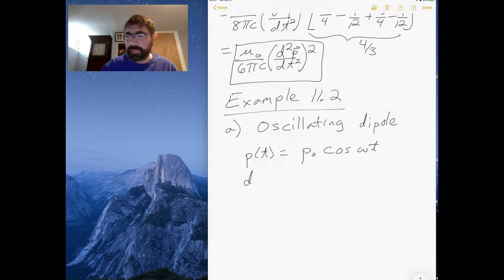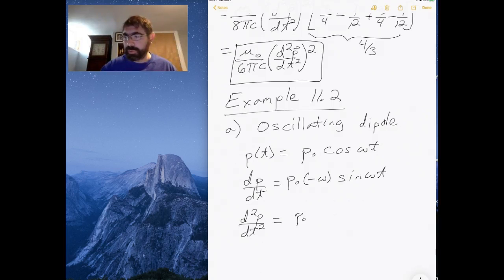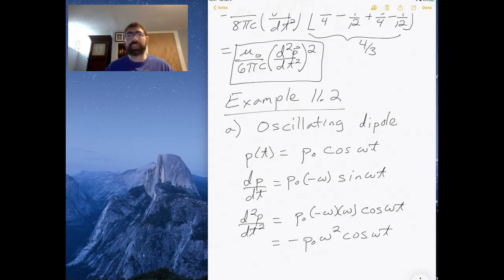The first derivative of this would be P0 minus omega sine omega t. The second derivative would give you P0 another omega, and then the cosine omega t. So I would get minus P0 omega squared cosine omega t.